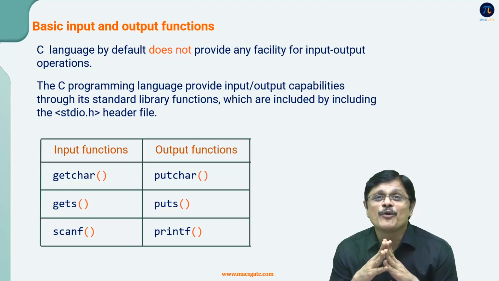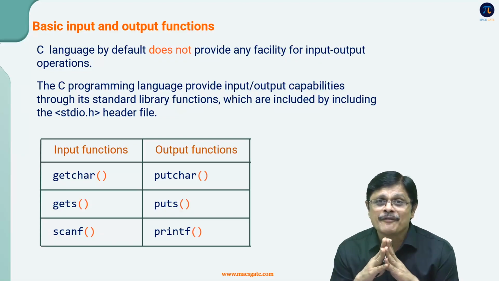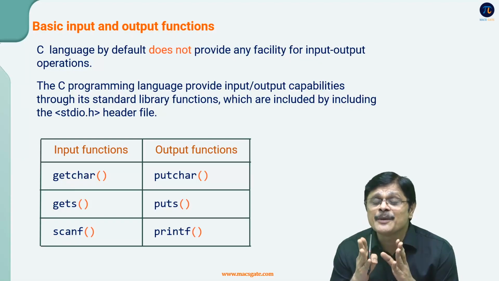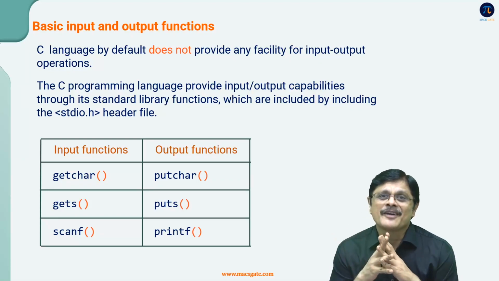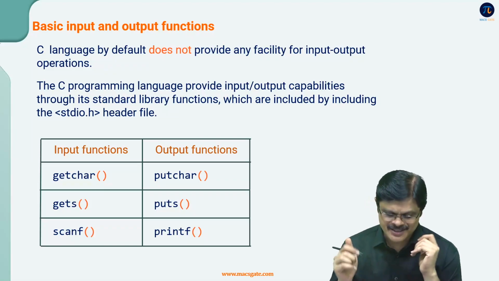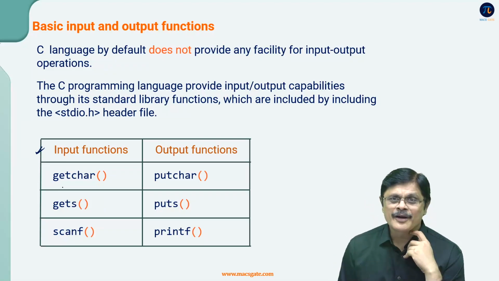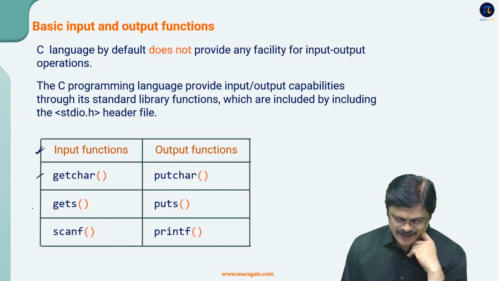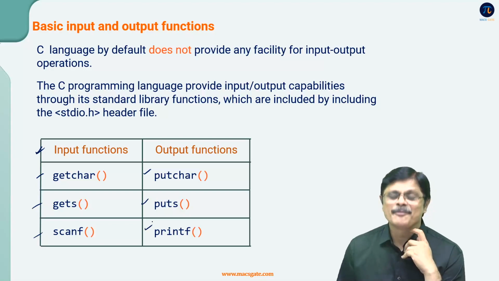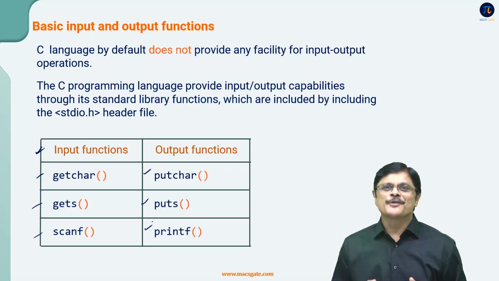In stdio.h, we find the standard input-output library functions. The most important ones are: for input, we have getchar, gets, scanf. For output, we have putchar, puts, and in this session, we explore these.